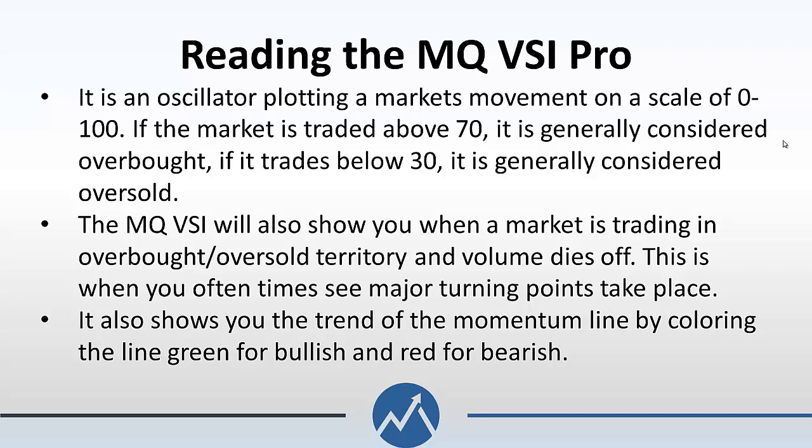Okay. Now, the other thing we've added to it is the trend of the momentum line. If you look at the VSI, and I'll show you in just a second what it looks like, it's an indicator line, again an oscillator going up and down. And we're going to show you the trend. The way we did this is we colored the line green for bullish or red for bearish.